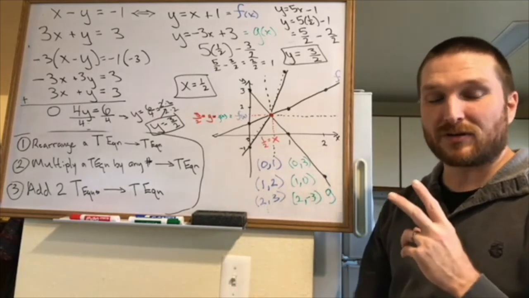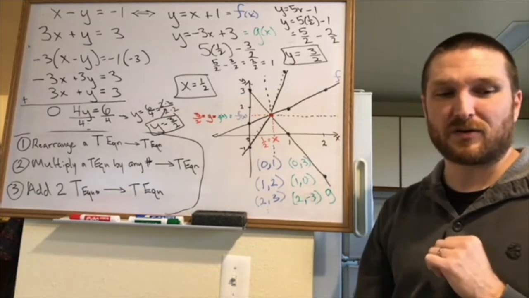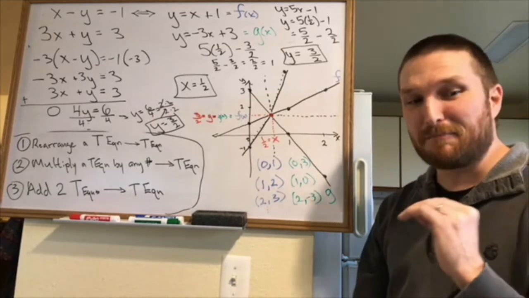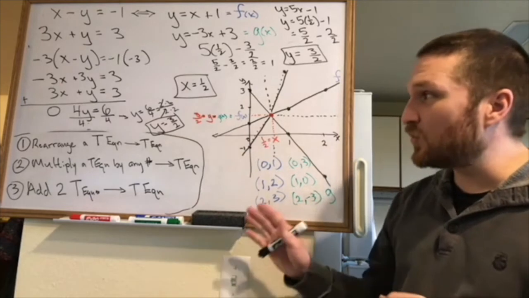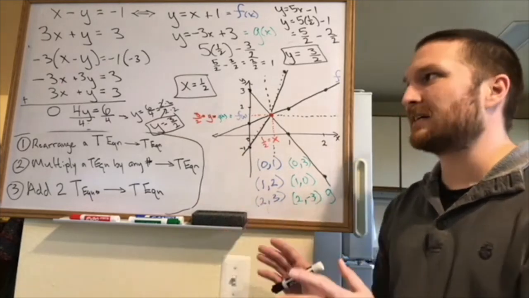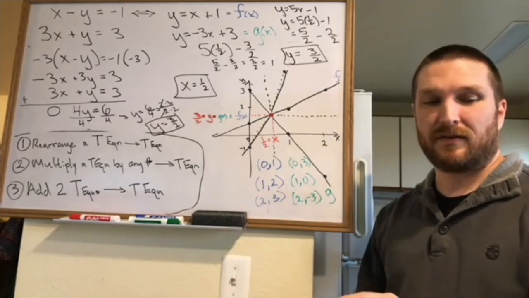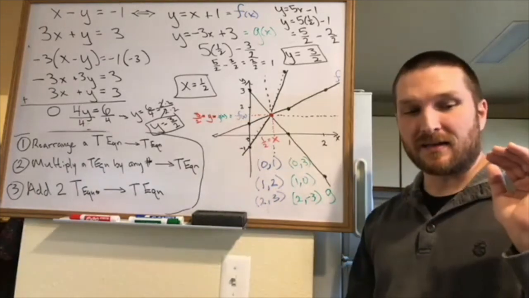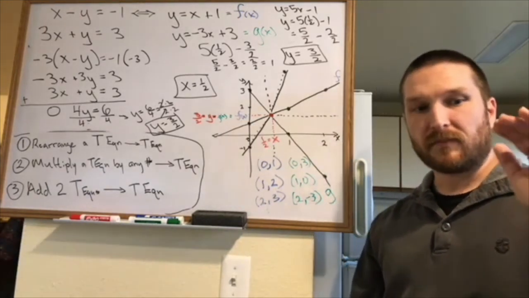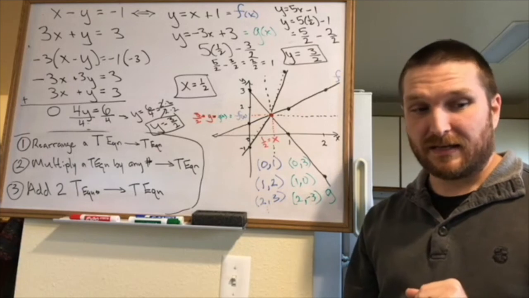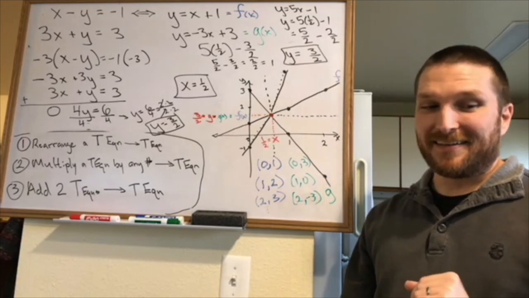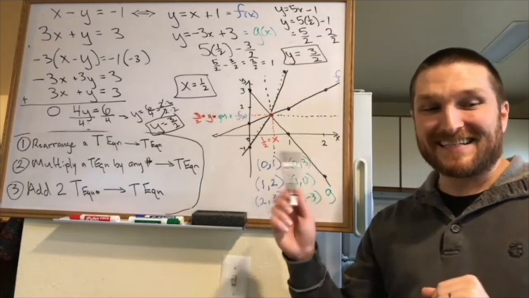It gets a little bit more difficult with 3 equations and 3 unknowns, but it's going to give us a method that's going to work for any system of equations with any number of variables and equations.